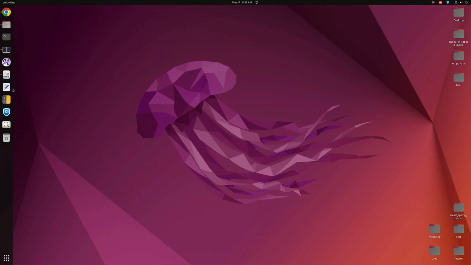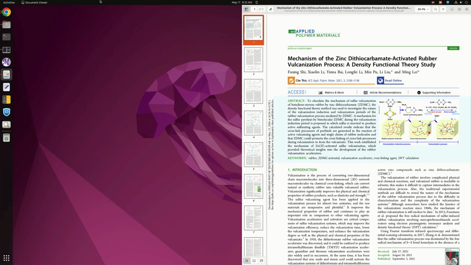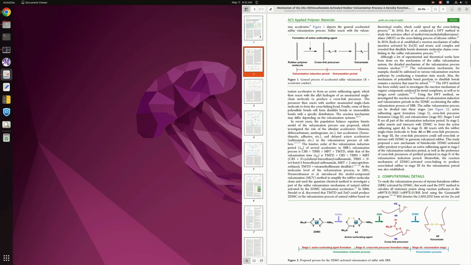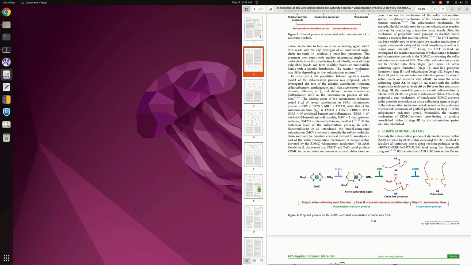Here I have found one article. In the methodology section, you can check that for the reaction mechanism they calculated, they followed this level of theory.